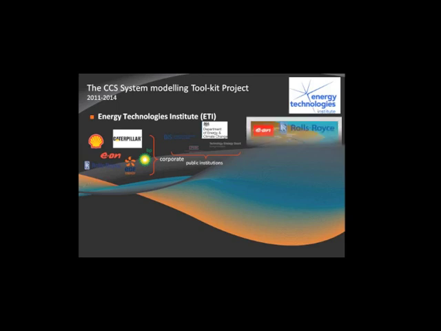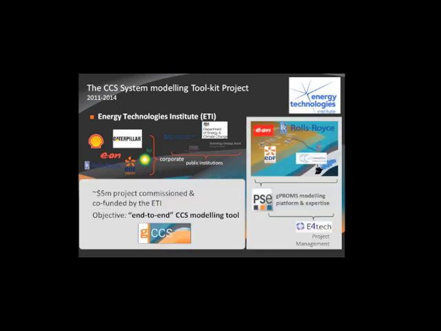And to this effect, the ETI, for those of you who are not very familiar with the Energy Technologies Institute, is a private-public partnership with public partners, the Department for Business, Innovation and Skills of the UK and the Department of Energy and Climate Change, and two of the research funding organizations, the EPSRC and the Technology Strategy Board. Together with some private companies on the oil and gas side, we have Shell and BP, on the utilities, E.ON and EDF, and then equipment manufacturers, vendors, Caterpillar and Rolls-Royce.